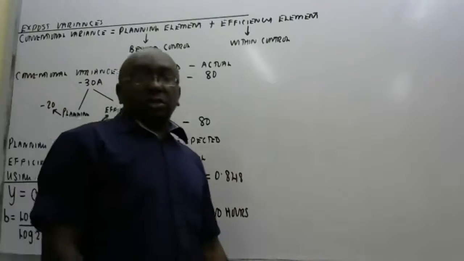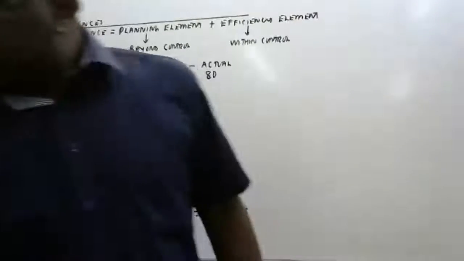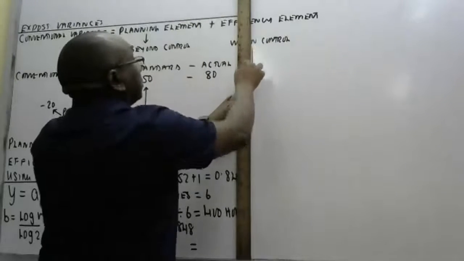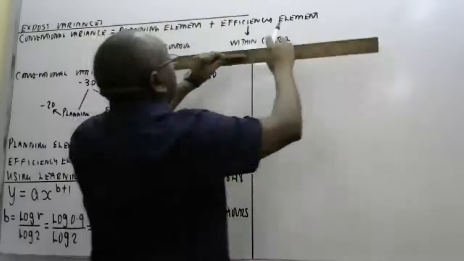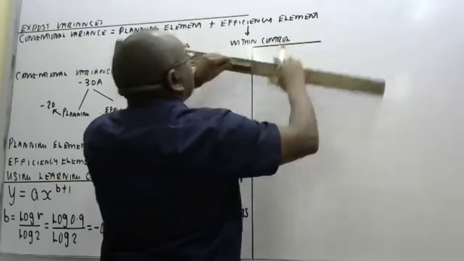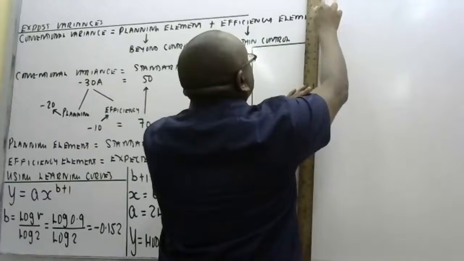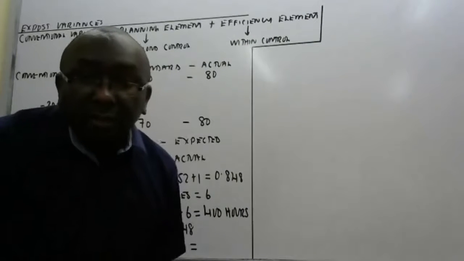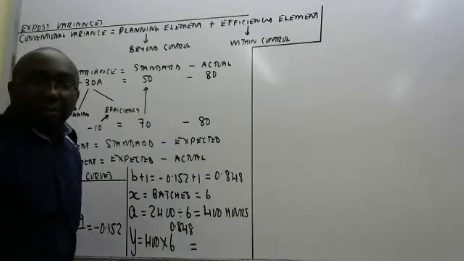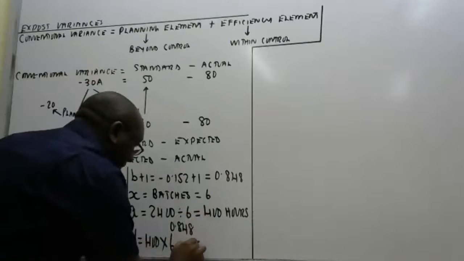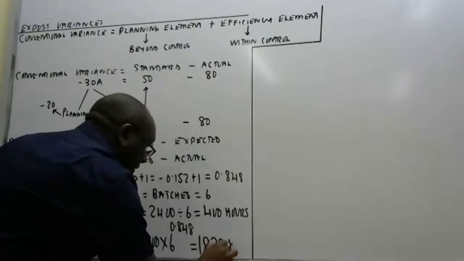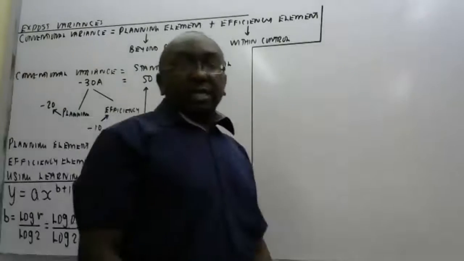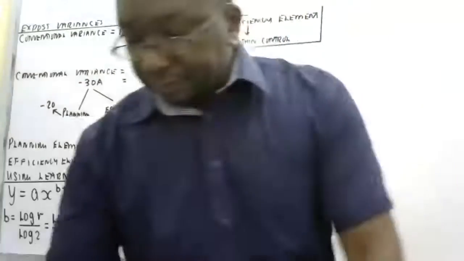So give me that. Yes, Emmanuel. Good. 1827.8, so let's make it 1828 hours. So according to the running curves, that is what we should have had as the hours.